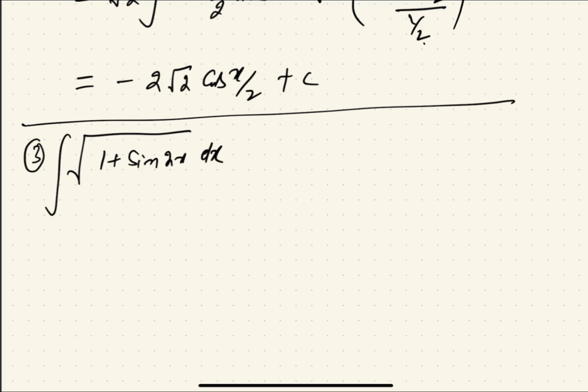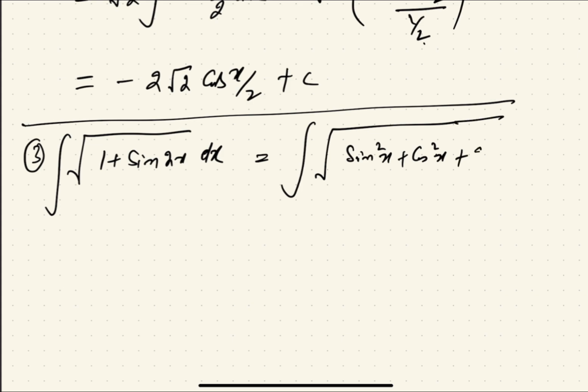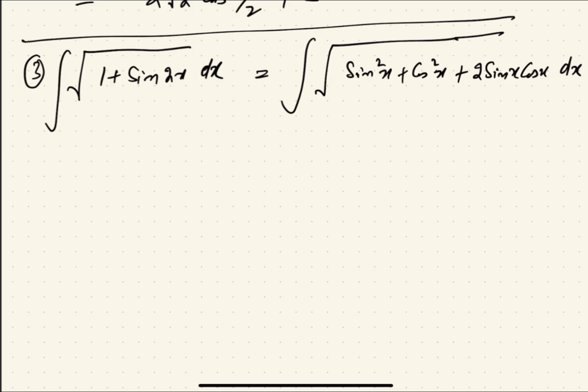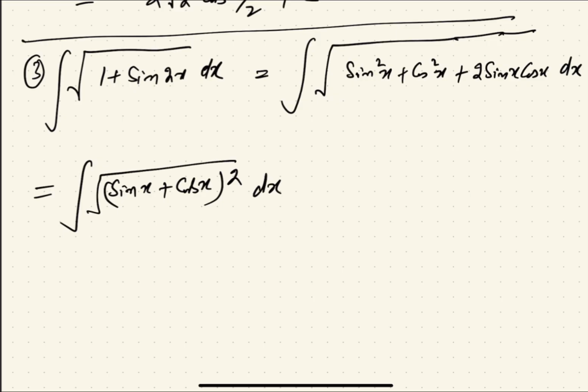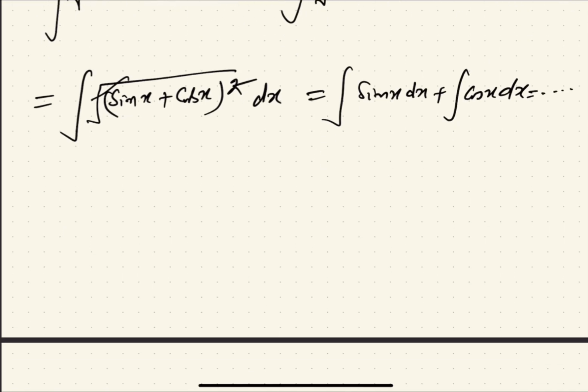Okay, you know 1 is equal to sine square plus cosine square x, plus you will change this into 2 sine x cosine x, and here you have dx, and this will be equal to the integral of square root of sine x plus cosine x, all squared, dx. The square cancels with the square root, and you have the integral of sine x dx plus cosine x dx, and the rest you can do. Okay, it's not done, the rest you can do yourself.